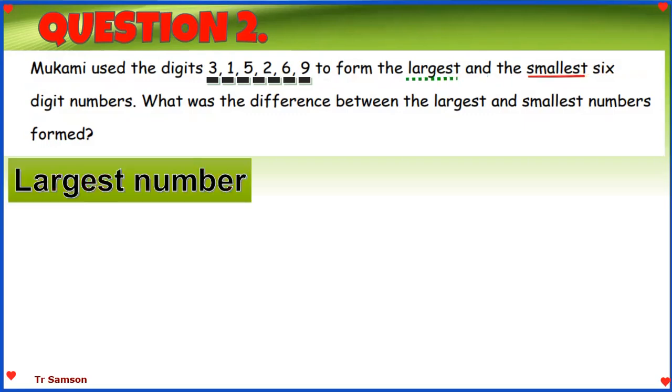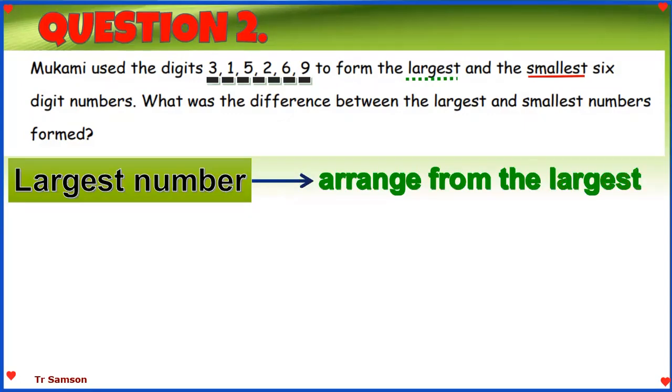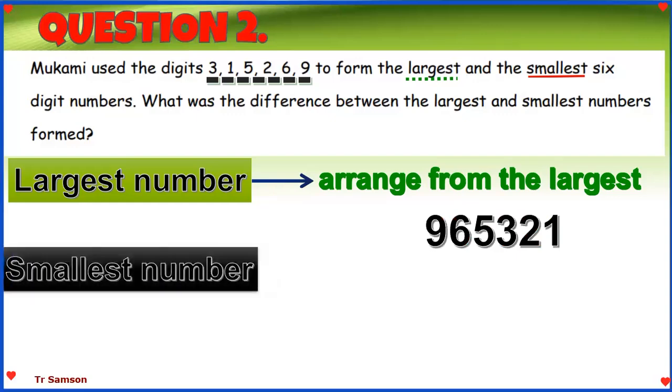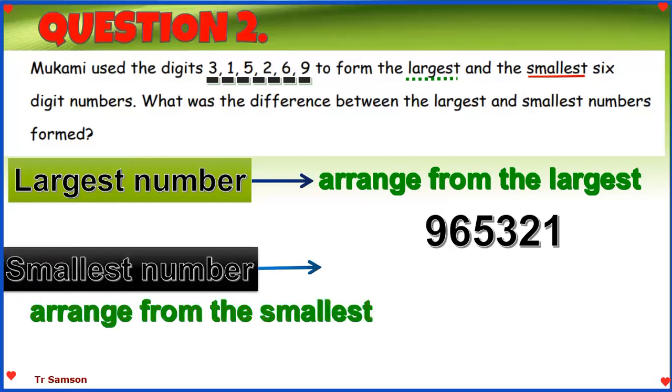The largest number means arrange the digits from the largest to the smallest. That is 9, 6, 5, 3, 2, 1. Then smallest number means arrange the digits from the smallest. That is 1, 2, 3, 5, 6, 9.